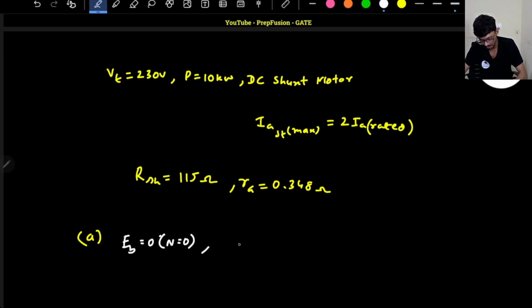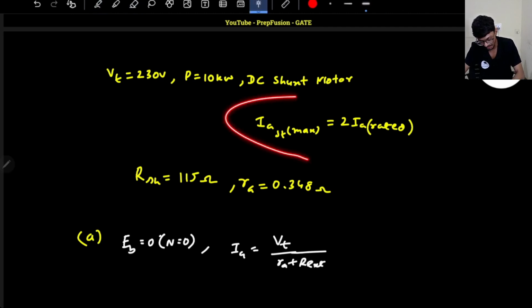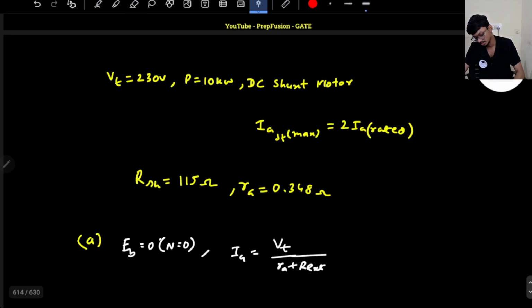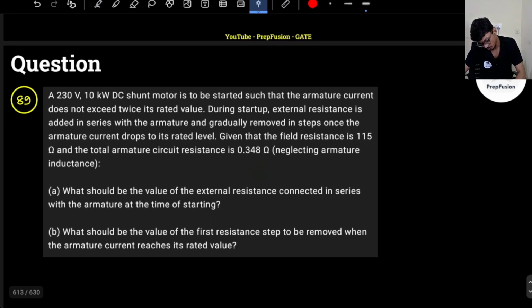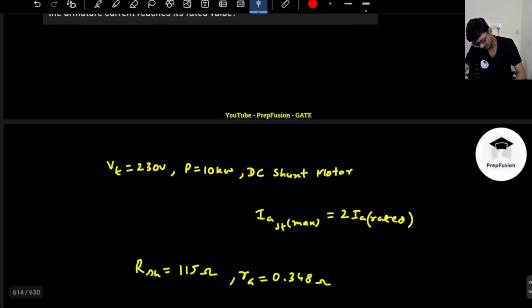So the armature current will be VT upon RA plus R external, the resistance I have to connect, so that the maximum current at starting is 2 times the rated current. What is the rated current value? I don't know it yet, but I can find it out.